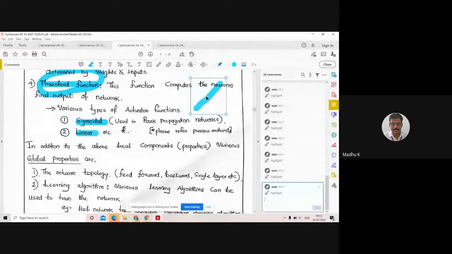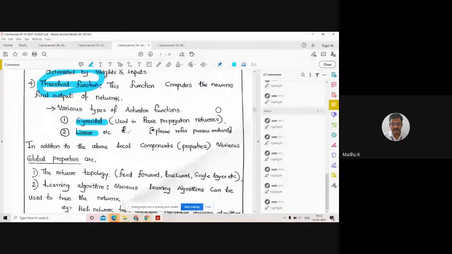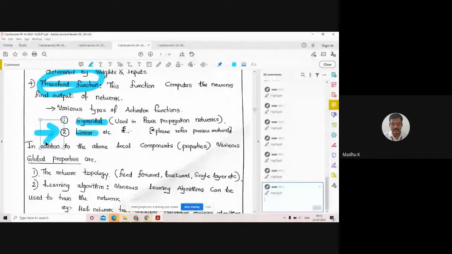We studied different activation functions in the previous semester, so please study that topic. I'm not discussing this again because it is already studied. Please refer to the previous notes on sigmoidal, linear and step activation functions.